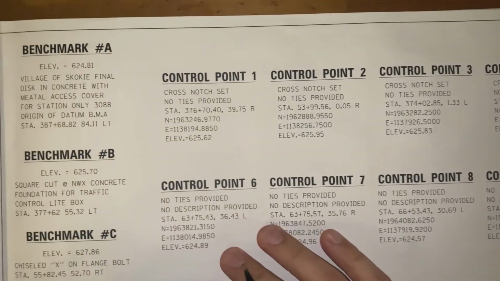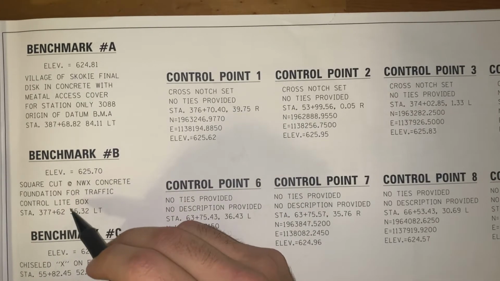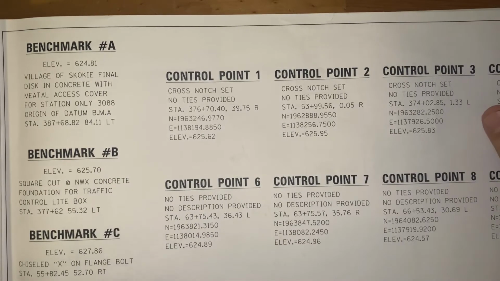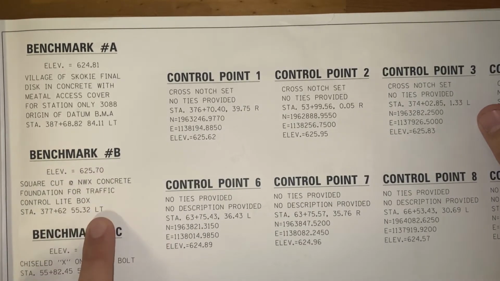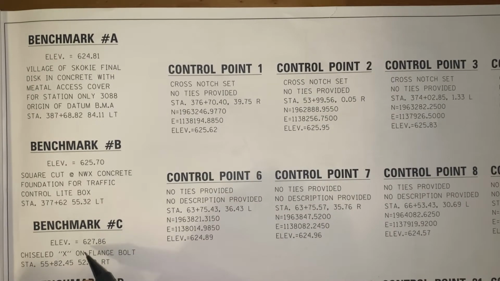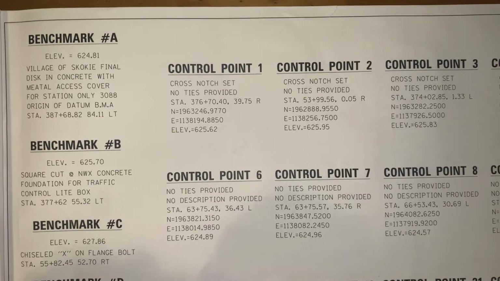Benchmarks are just locations that will indicate a station and an elevation. In this case, we have benchmark C that indicates there's a chiseled X on a flange bolt on a fire hydrant.